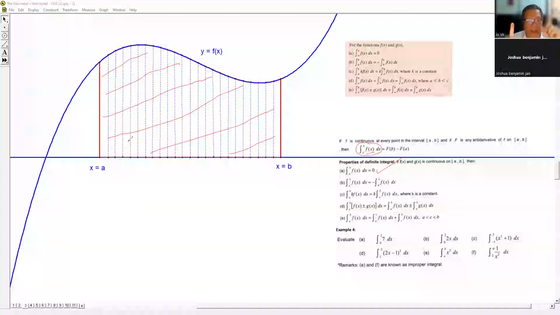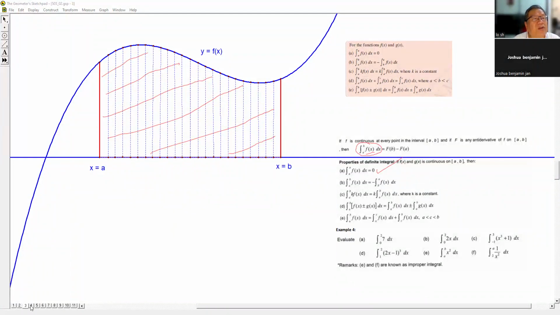The two lines, a and b, you move the b until the a, and they overlap on top of one another. So what is the result? The result is you have a straight line. There will be no area. So this one, no area means the answer is 0.